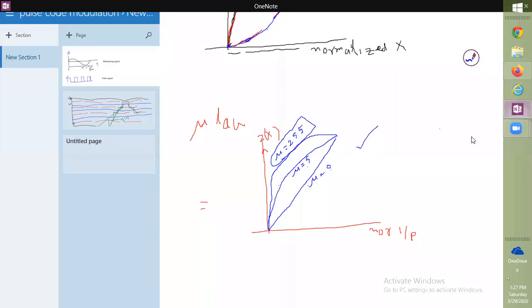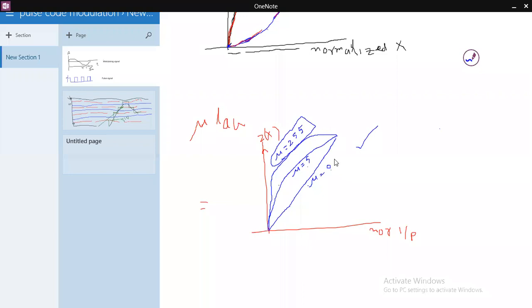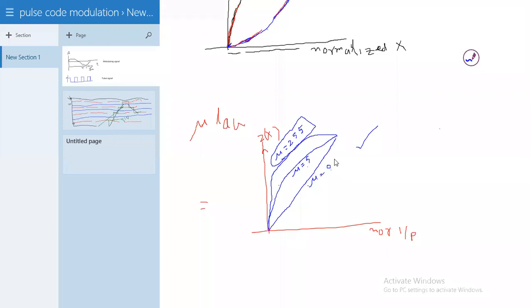Okay. So mu value increases. Here the compression takes place in the correct way.